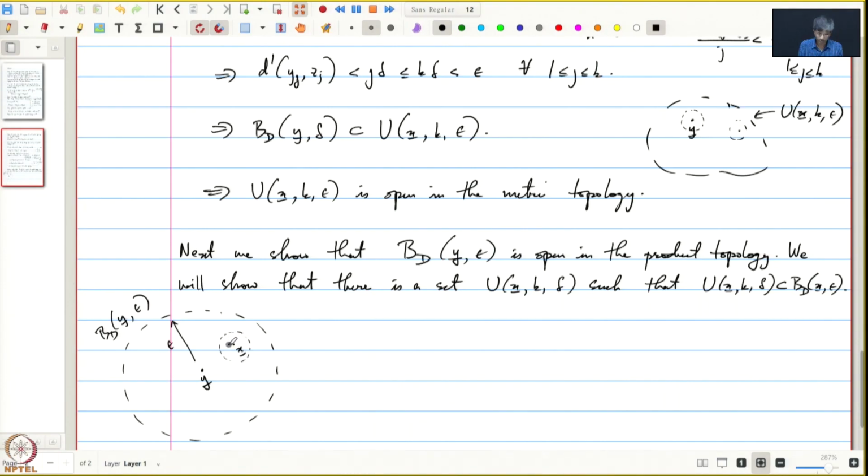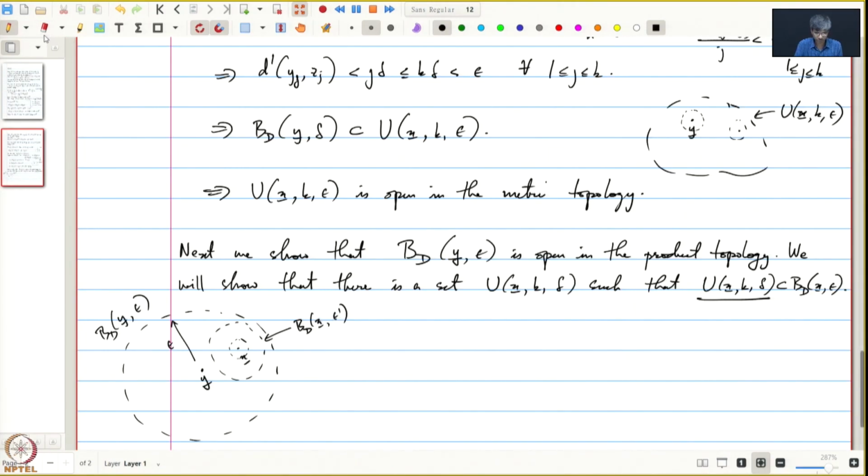Note that for this x, there is an epsilon prime ball B d x comma epsilon prime which is completely contained inside this larger set, and therefore we will show that there is a set of the type U x bar k delta which is contained in this epsilon prime ball. That will prove the assertion.